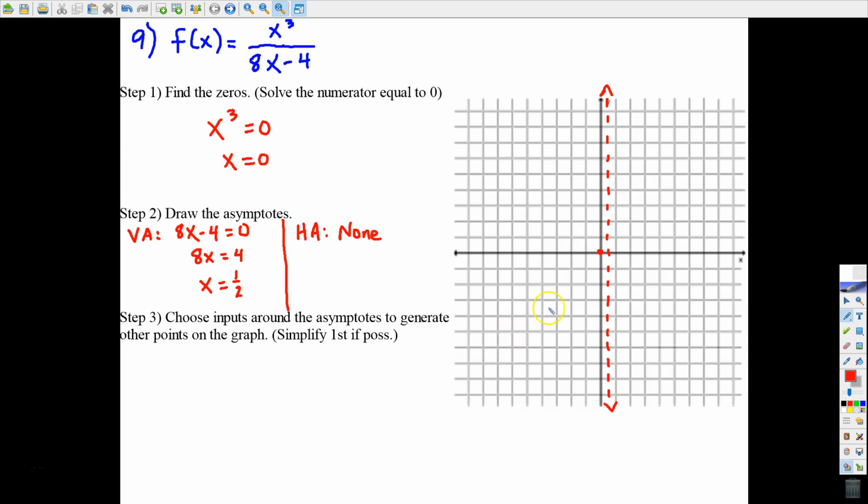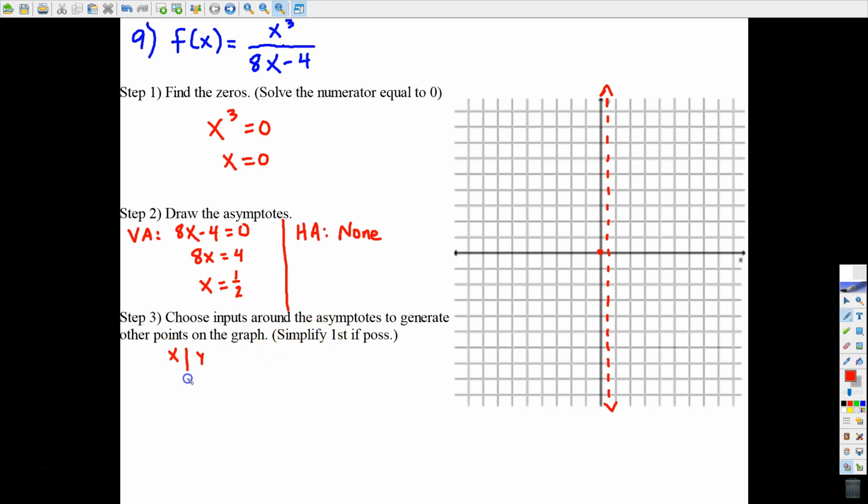So I'm coming this way somehow, and I can't cross over this fence. This is a restricted area. This is an area that is not able to be on the graph because it creates a 0 denominator. Okay, so we've gotten through the first 2 steps, and now we're ready to just make a table.